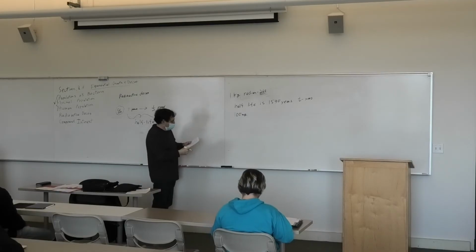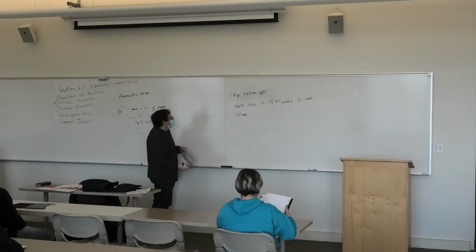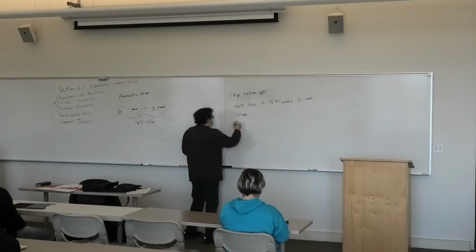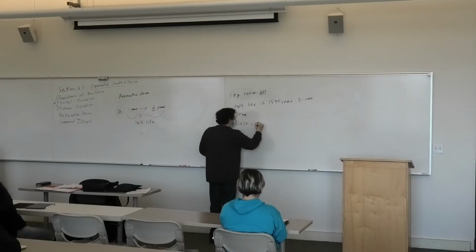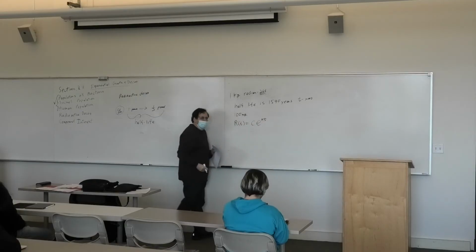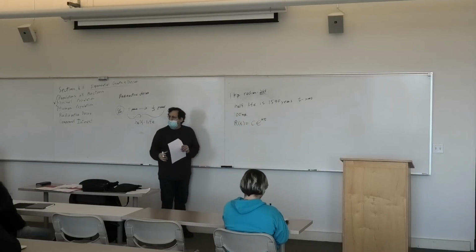Okay, so the first question is: find a formula for the amount left after t years. Our R of t is going to be C e to the kt, where k is going to be a negative number because this is a decay.